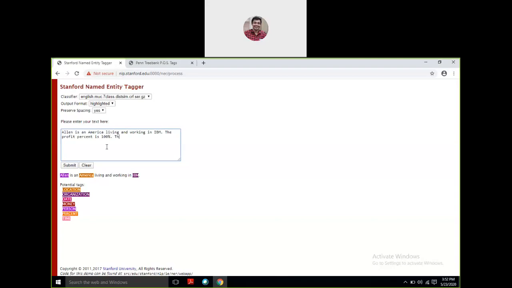The date of salary is 23rd May 2020. If I put all these things and I submit, then what's going to happen is it has picked up this 100 here as a percentage, and it has picked up 23rd May 2020 as a date, right? If I would have introduced any kind of money part in this, then this thing would have been easily clubbed up under the head of money also.